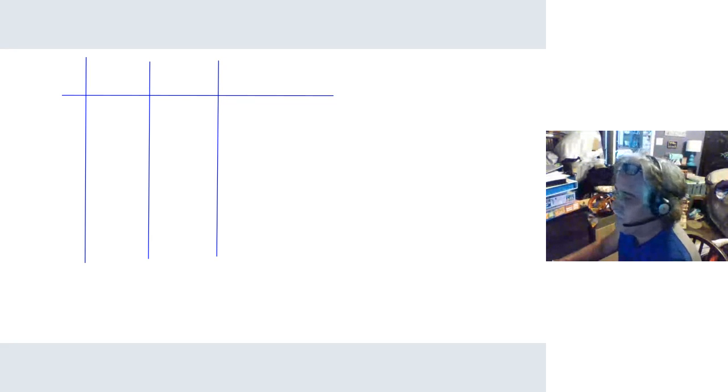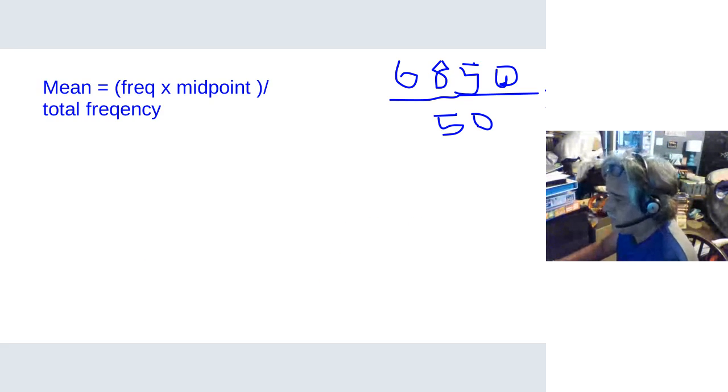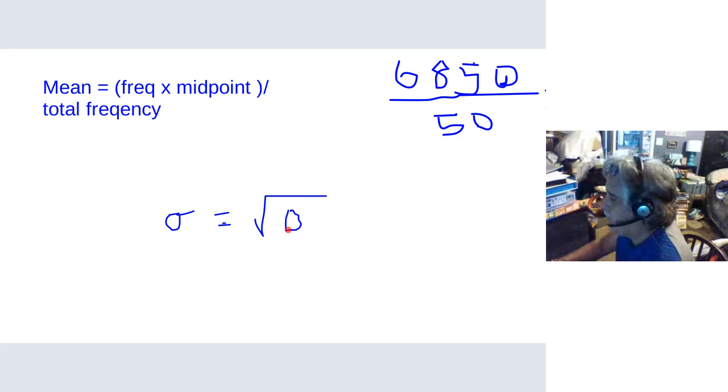What was the value? 14.083. So sigma, and as I said, this is not an easy thing to draw, is the square root of sigma squared. And we know what sigma squared is. It was 14.083.